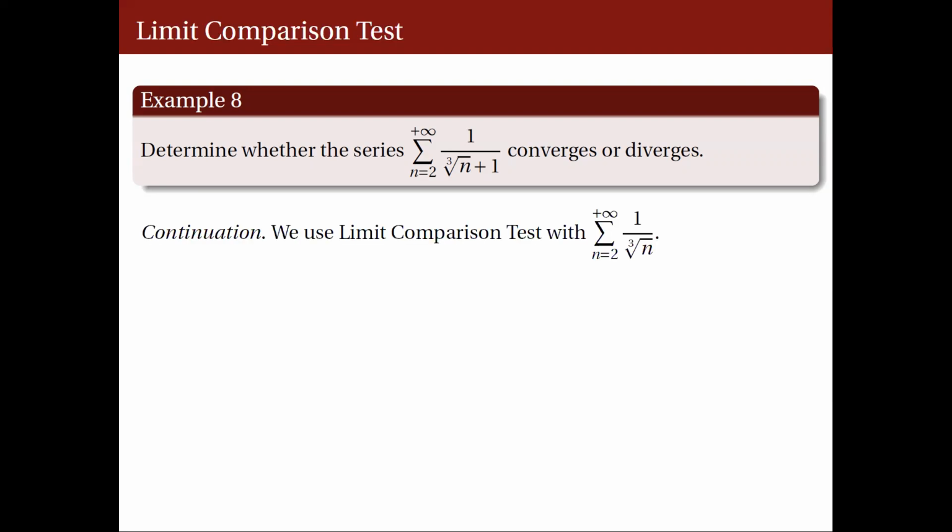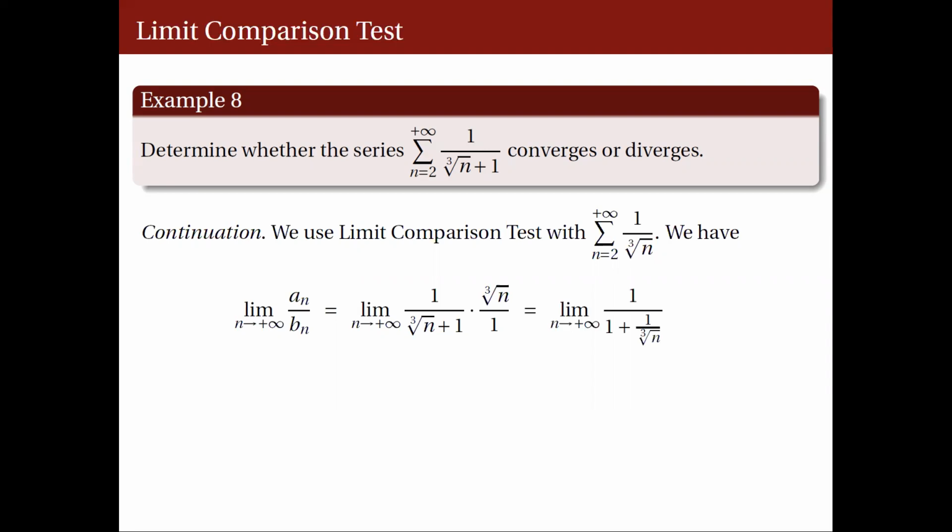Subukan natin gamitin ang series na summation 1 over cube root of n as n goes from 2 to infinity for comparison. Setting a sub n to be 1 over cube root of n plus 1 and b sub n to be 1 over cube root of n, we have the limit of a sub n over b sub n equal to the following limit.